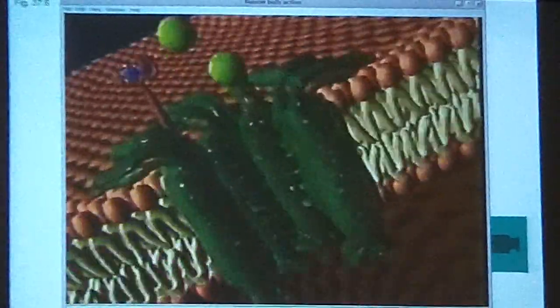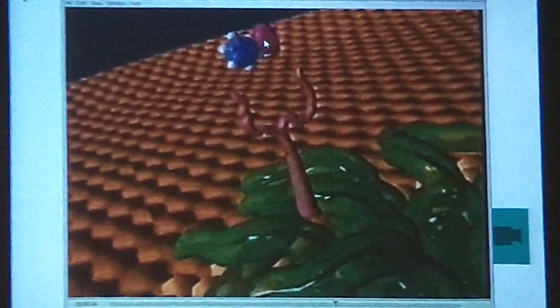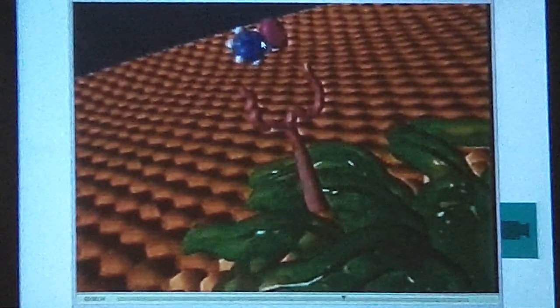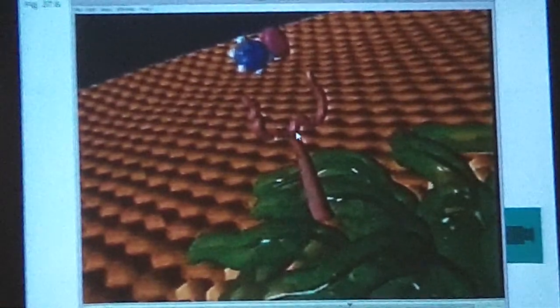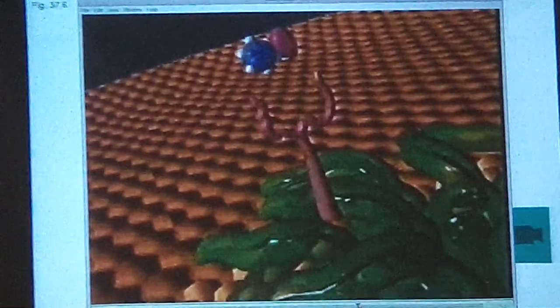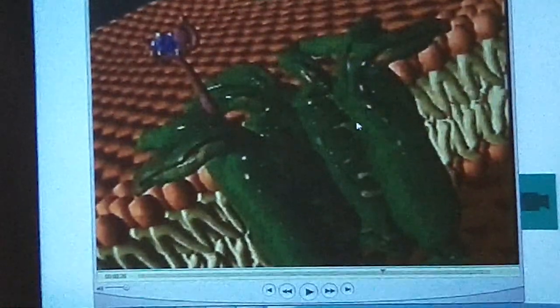When this little protein binds, it has to have exactly the right shape, and this protein has exactly the right shape to pick it up. When the neurotransmitter binds with the receptor protein, it causes what we call a conformational change, a shape change in this protein.